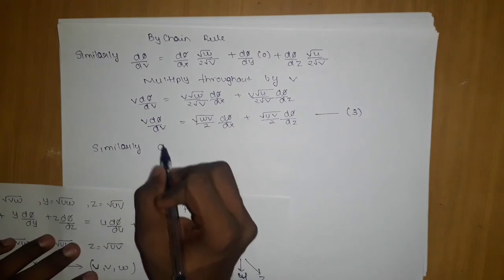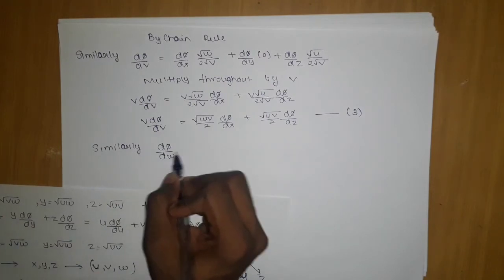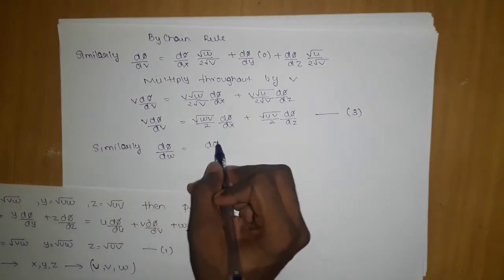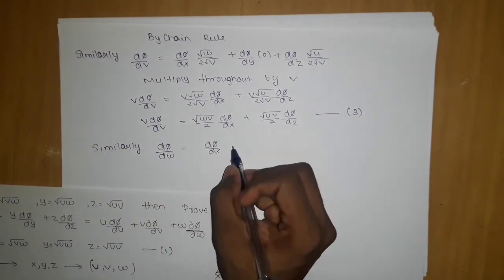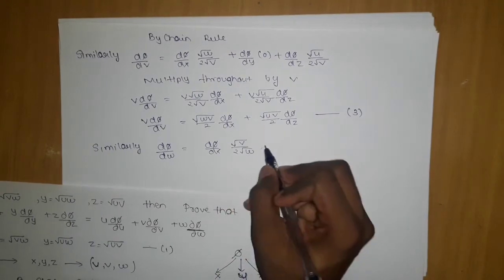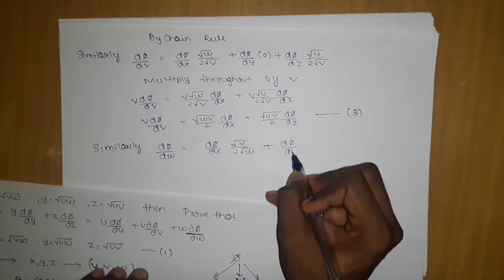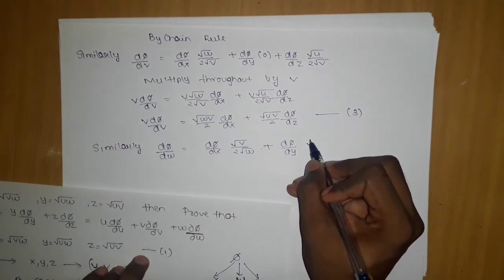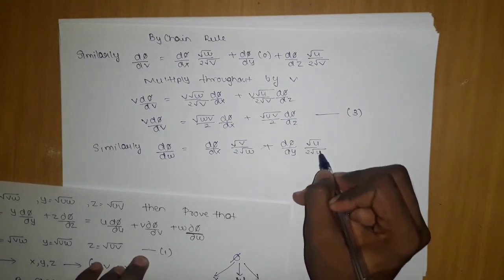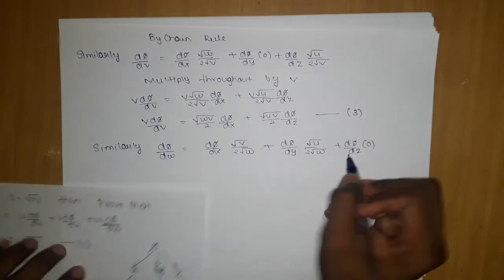What we can do, dou phi by dou x, here v will be as it is twice under root w, plus dou phi by dou y, here under root u will be as it is twice under root w, and this will be dou phi by dou z into 0.